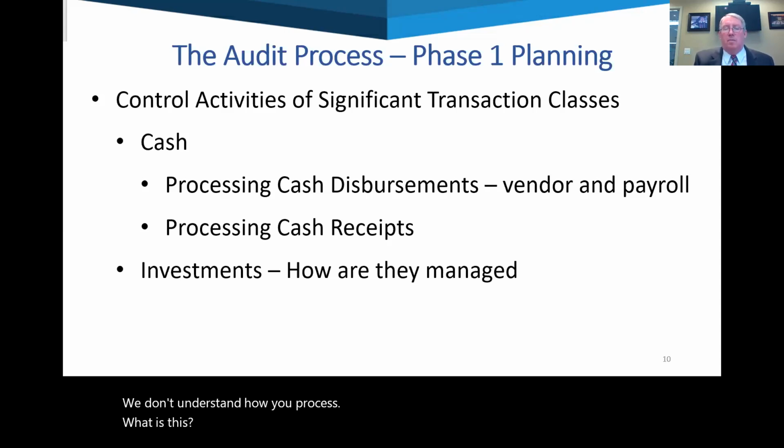We'd have to know what that cycle is, and realistically, it starts at the department level as a purchase order, and then all the way through to when you write the check, everything's approved, and you reconcile that bank account. We need to know all of that because there are key controls as you go through. Like I said, if you had a policies and procedures manual that documented this, most of the checklist questions would be part of that.